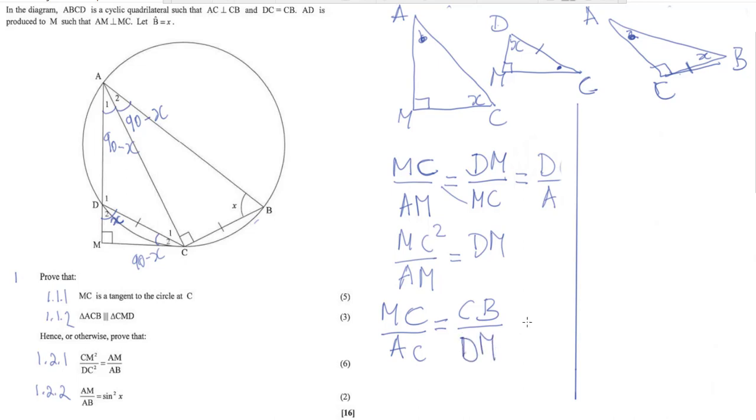DM. Alright? And then finally, we have right angle with a dot. It's what? This side MC. Oh yes, MC over AC.